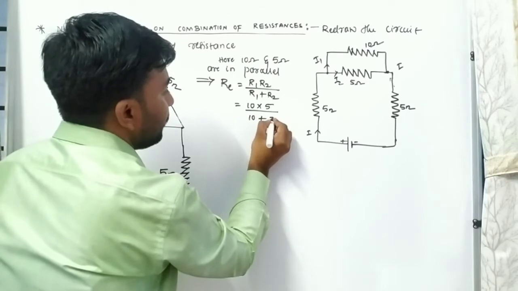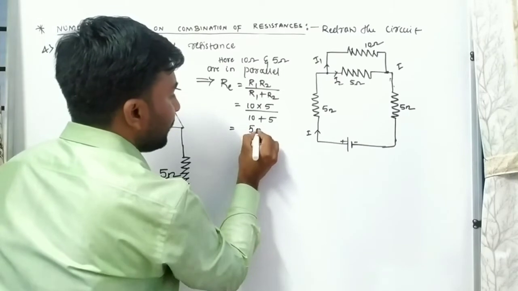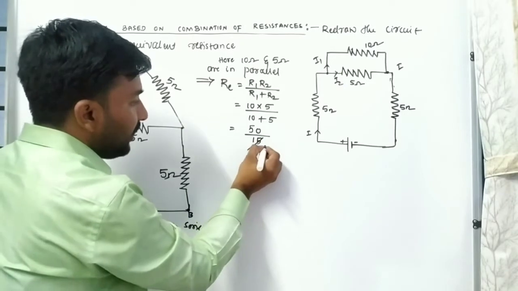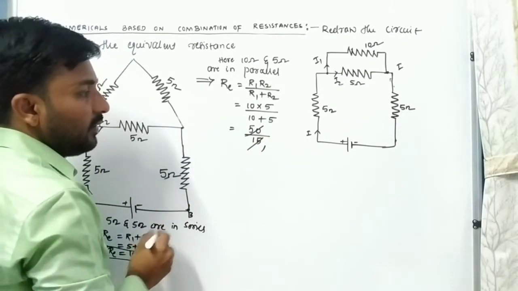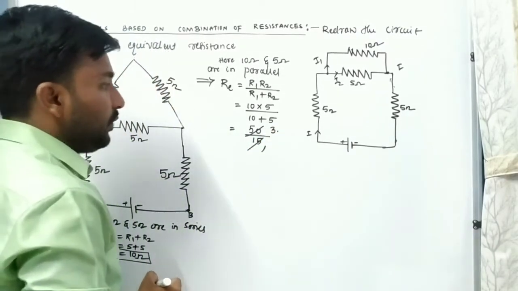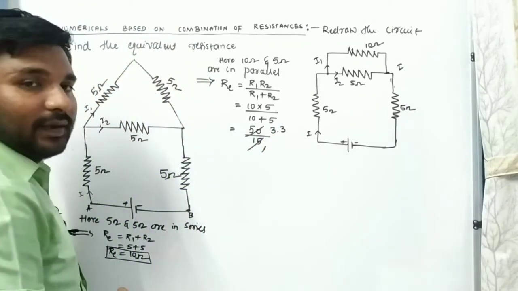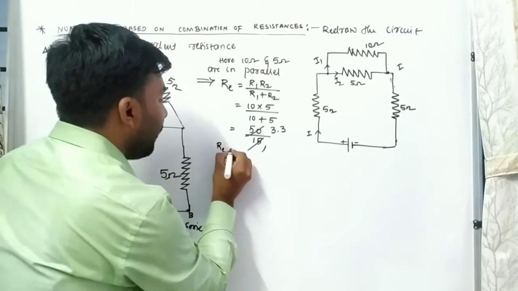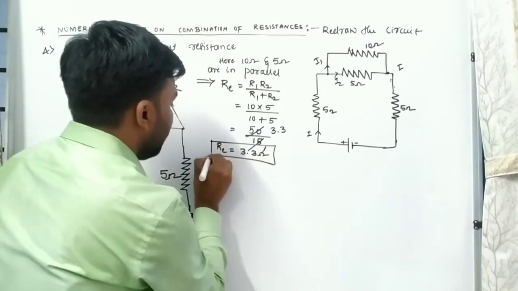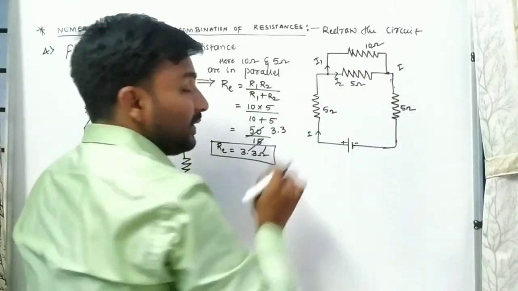So 10 into 5, it is 50, divided by 10 plus 5, it is 15. 15 ones are 15, 15 threes are 45. So put 1 point, take 0. Again it is 50. You will get again 3. Therefore, R equivalent is equal to 3.3 ohm. Now this is the equivalent resistance for these two resistances.